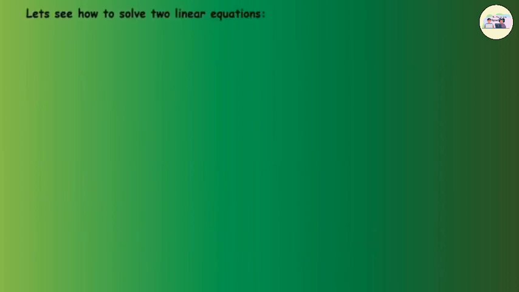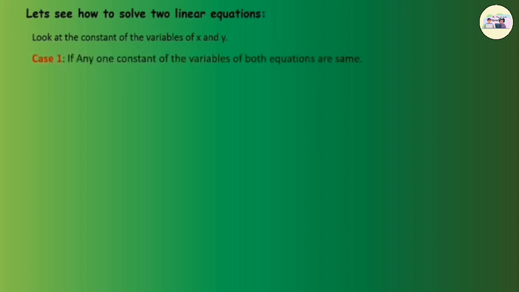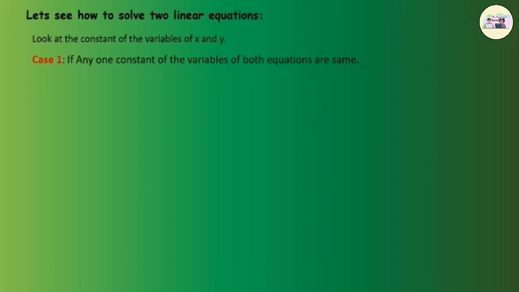Now let us see how to solve two linear equations. Look at the constants of the variables x and y. Case 1. If any one constant of the variables in both equations is the same, consider the following equations: 2x plus y equal to 5 and 8x minus y equals 15.